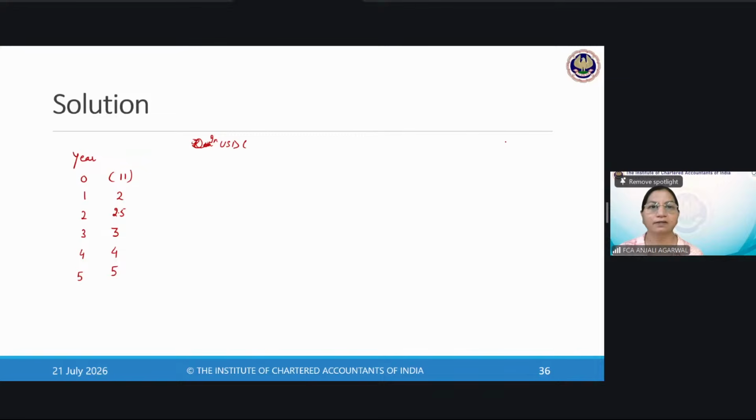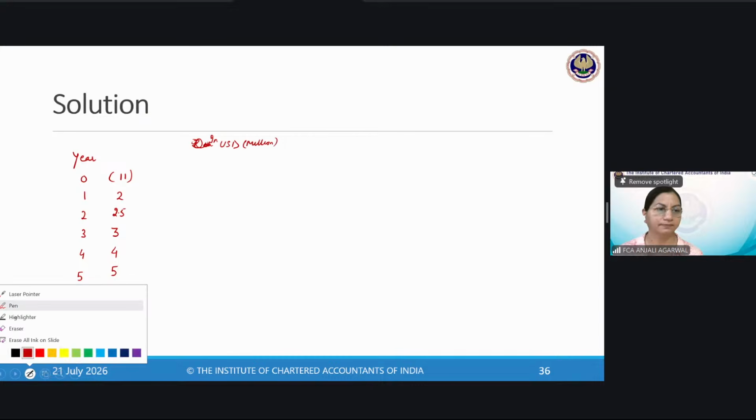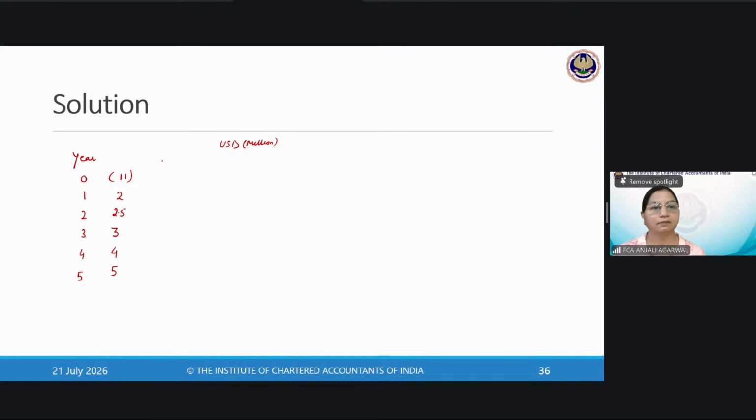In USD, million. Present value factors at 9.9%.